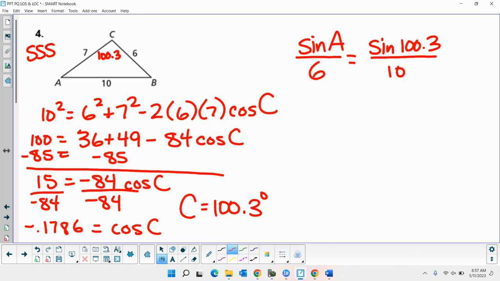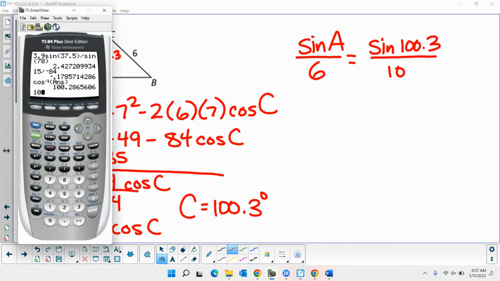There we go. 6 times the sine of 100.3. Clear that out. 6 sine 100.3 divided by 10. Have a decimal. Second sine, second answer to find that angle. 36.2.